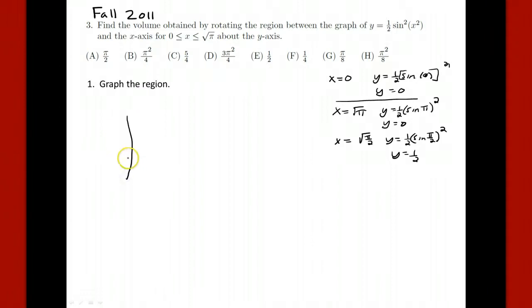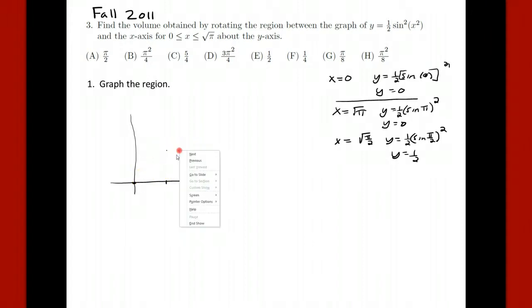So if I was to sketch a quick graph, we'd have the y-axis, we'd have the x-axis. At 0, we're 0. At the square root of pi, we're 0. In between, at the square root of pi over 2 somewhere, we're up to 1/2.